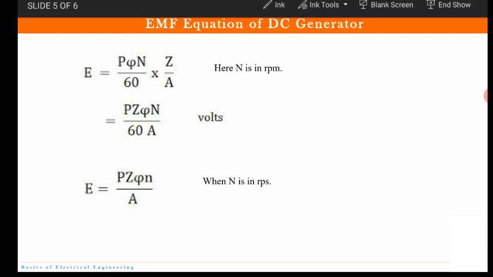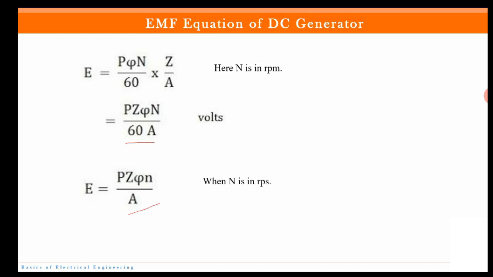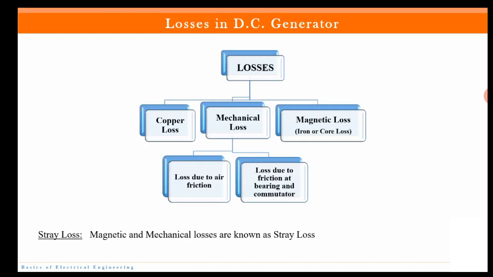Okay, if we take it in RPS, that is rotations per second, then the 60 goes away. So you can see that both the equations are almost the same, with only one difference. Here it is divided by 60 because N is in RPM, and here it is in RPS, so 60 is not there. Okay, so this is how the EMF equation is represented.